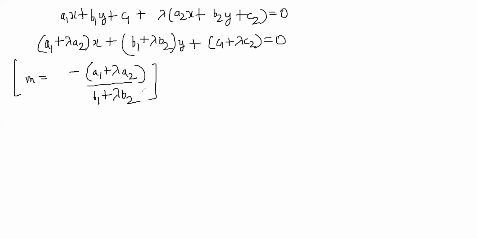Slope of this is this, right? Now a1, a2, b1, b2 are fixed numbers because of the fixed straight lines that are given to you, right? So only variable thing is lambda here. So if you keep changing your lambda, you will keep changing your slope. Lambda changes the slope, right?